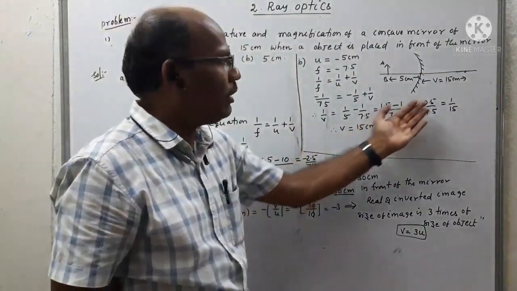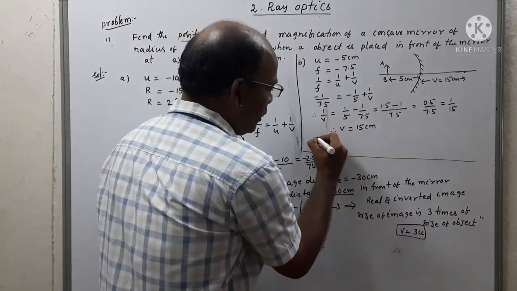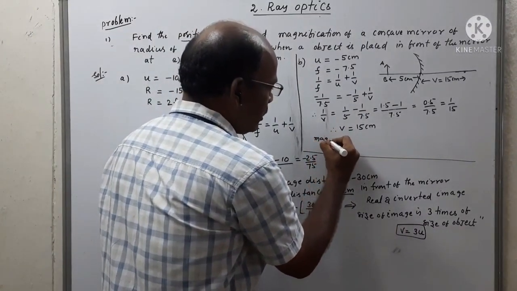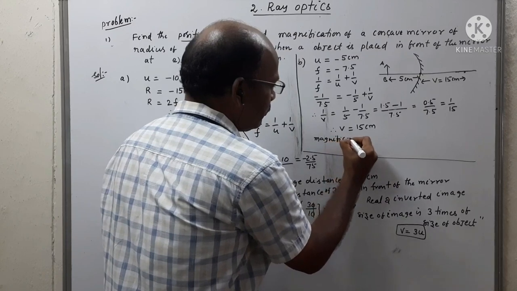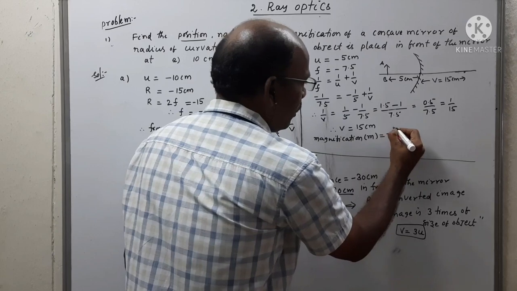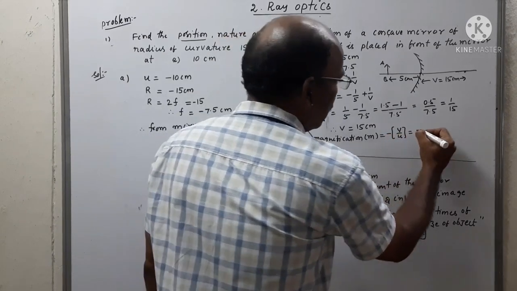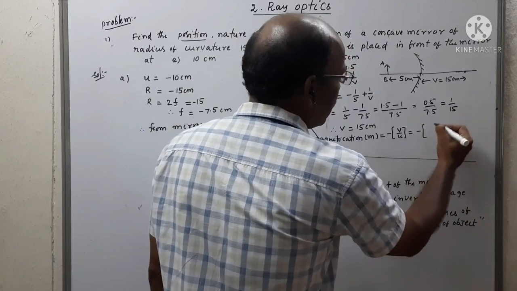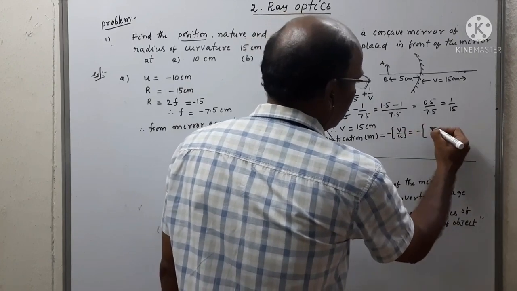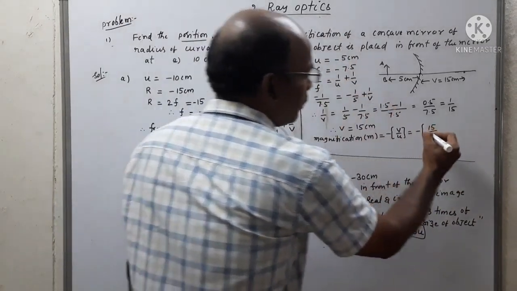Then we can observe the nature of the image. For nature, we can write the magnification. m is equal to minus v by u, that is equal to minus of 15 by u, which is minus 5.